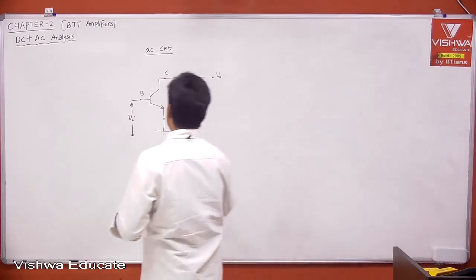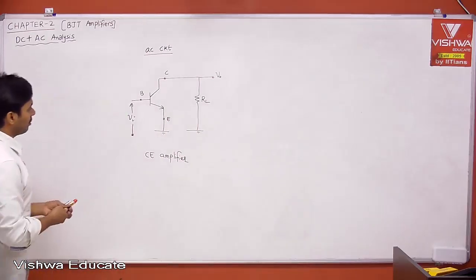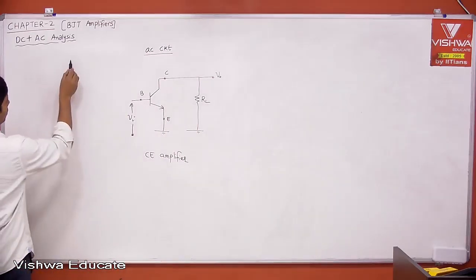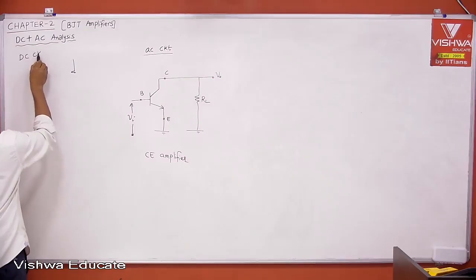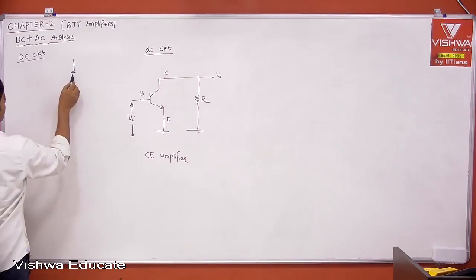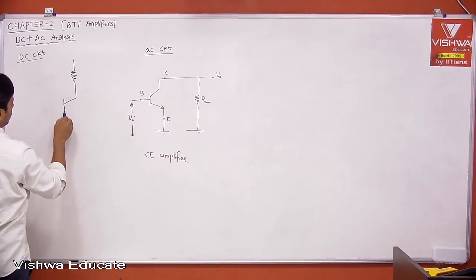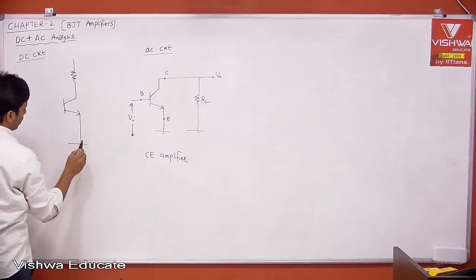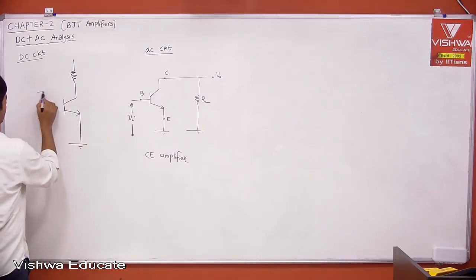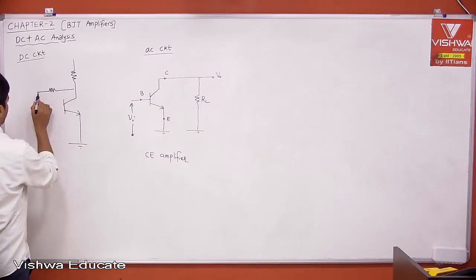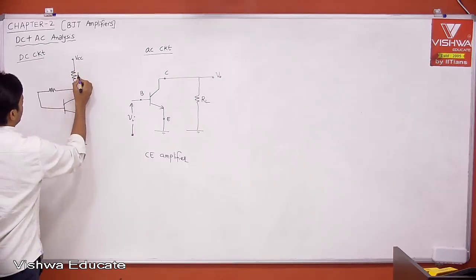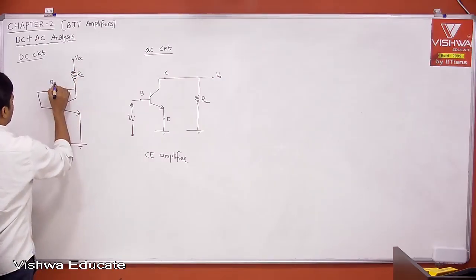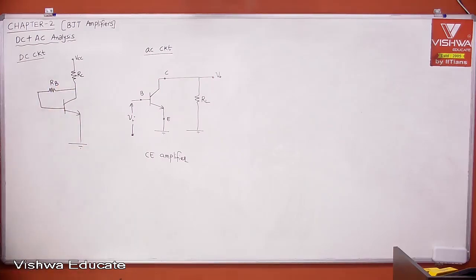Now, for the AC circuit we need a common emitter amplifier, but what is the DC circuit? The DC circuit is nothing but the collector to base bias circuit, right?